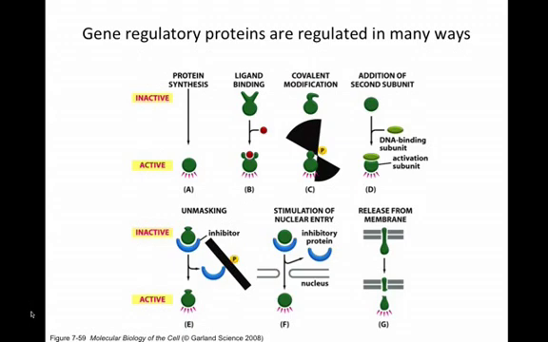If it's in the cytoplasm, can it bind to DNA if you have a nucleus? If you're bacteria, that's an irrelevant question. But if you're a eukaryotic cell and you're in the cytoplasm, can you bind to DNA? Who thinks you can bind to DNA in the cytoplasm?